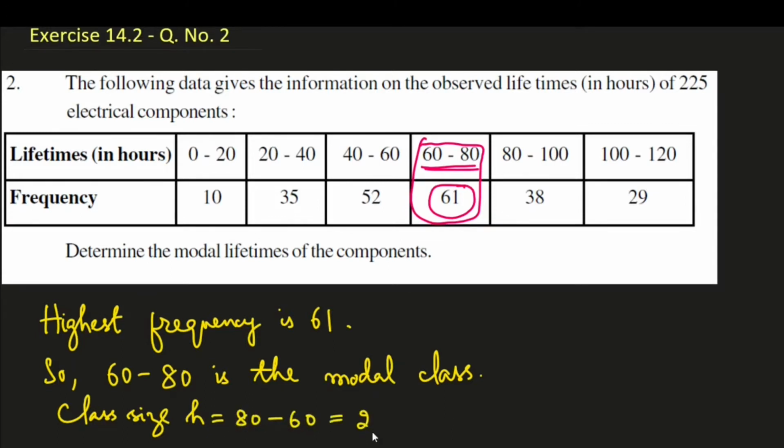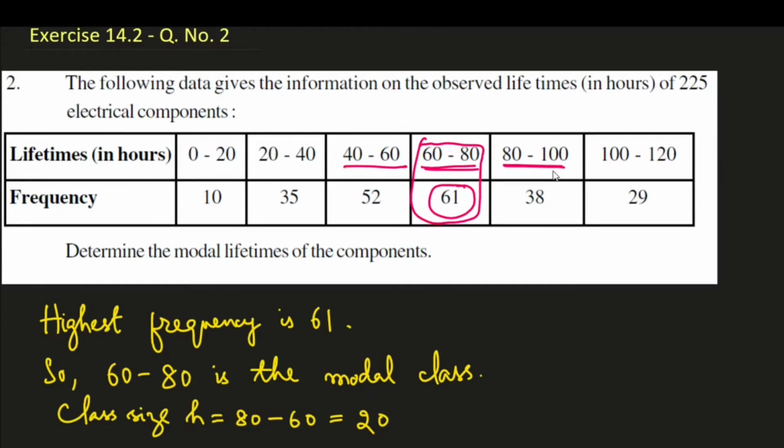So it is 20. The class size of the class preceding the modal class and the class succeeding the modal class should also be equal. So here it is for the class interval preceding the modal class 40 to 60, the class size is 20. For the class interval succeeding the modal class 80 to 100, the class size is 20.